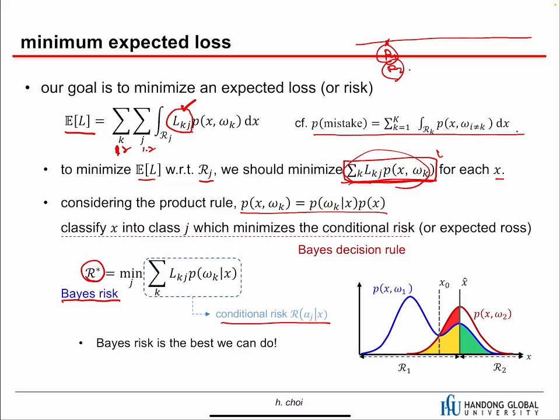Okay, let's take a look at this figure one more time. This figure is from the previous one, from the misclassification rate slide. If we don't have different costs, then the boundary should be this one, right? The x naught is the best boundary. Then if we have different costs, we have a coefficient here.